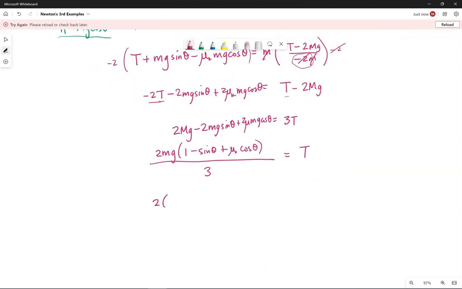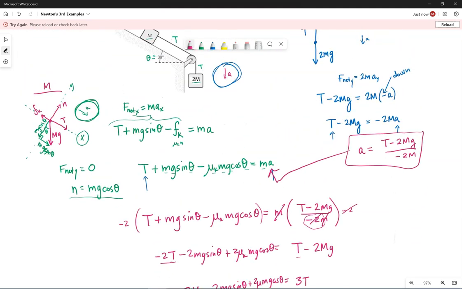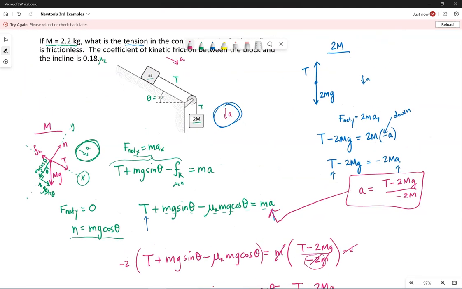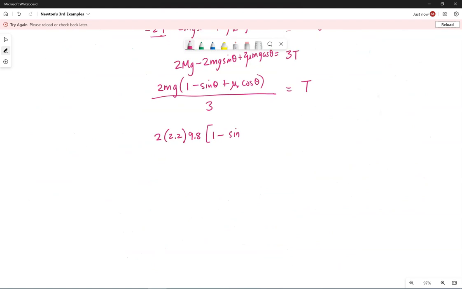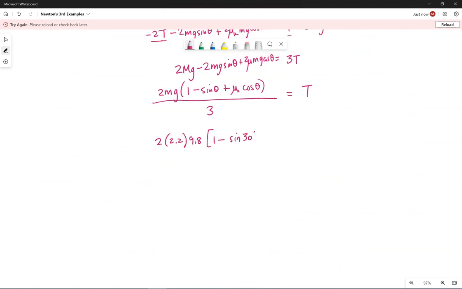So the mass they gave us was 2.2 kilograms. The angle, I believe, was 30. Let's double check. So 30, yep. Mu was 0.18. So plug these all through.